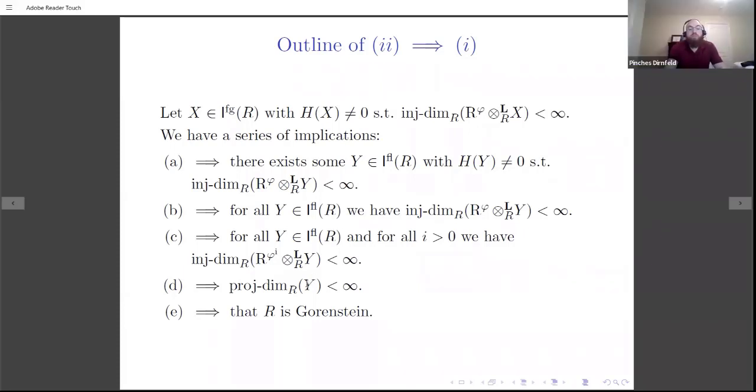So here I'm looking, I'm starting out with some Y in the derived category, right?